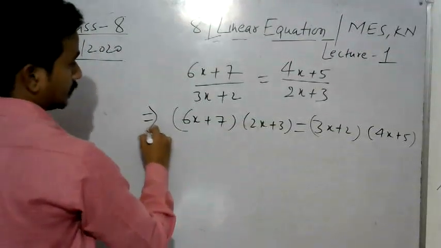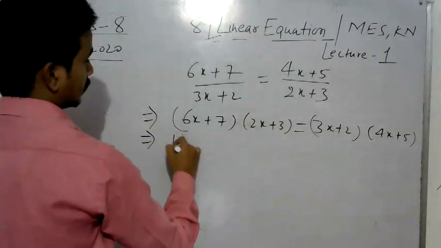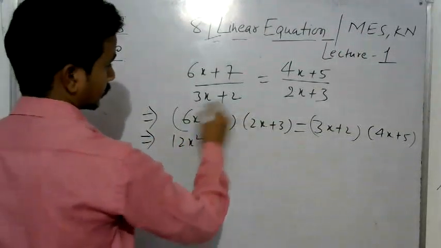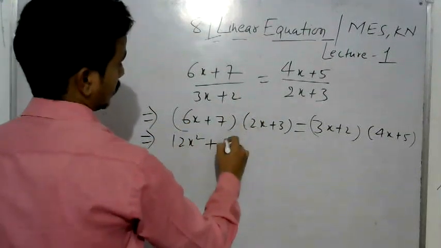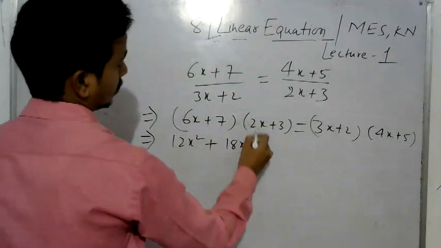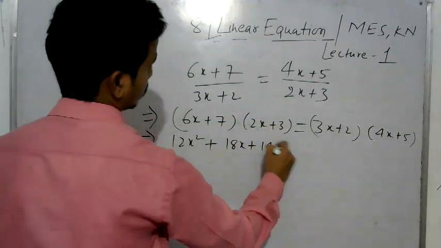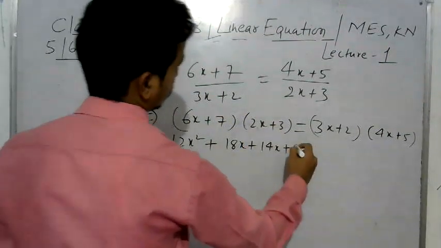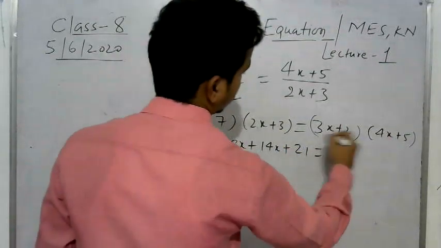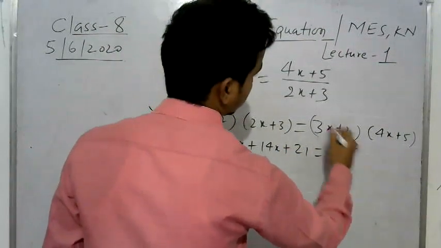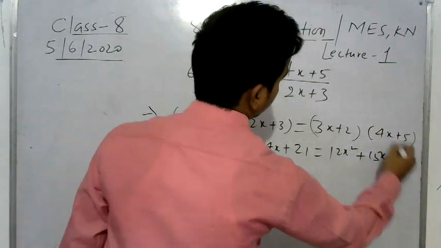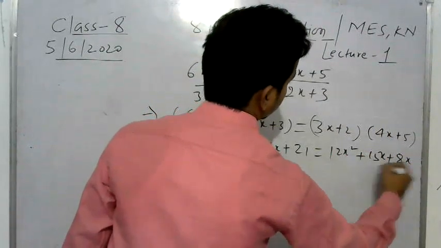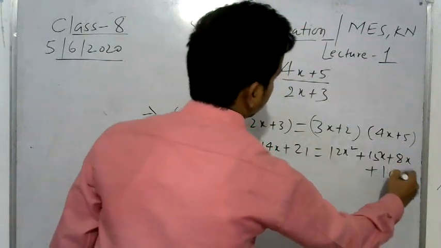Now you multiply it. 6x into 2x is 12x squared. 6x into 3 is 18x, plus 7 into 2x is 14x, plus 7 into 3 is 21. Now here 3x into 4x is 12x squared, 3x into 5 is 15x, plus 2 into 4x is 8x, plus 2 into 5 is 10.